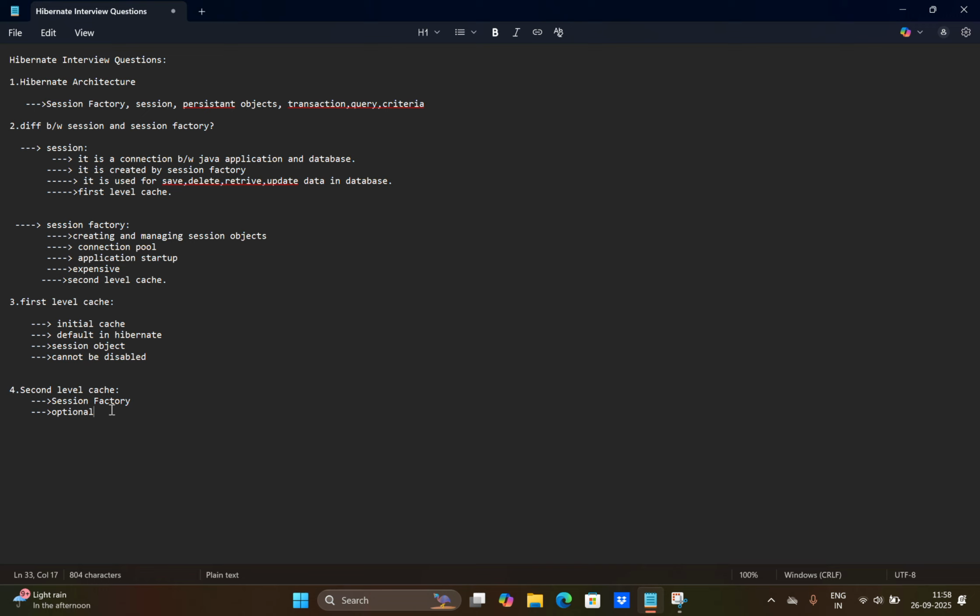In the second level cache, we can store entities, classes, collections, query results, timestamps, and query plans. These are all we can store in the second level cache.